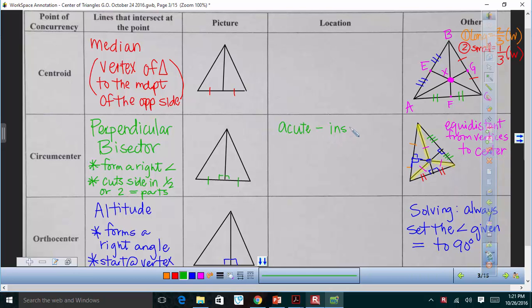Very good. Then when it was obtuse, do y'all remember where the center moved? Outside the triangle. Very good. And then when we made the triangle a right triangle, where did the center end up? On the triangle, on the side of the triangle.